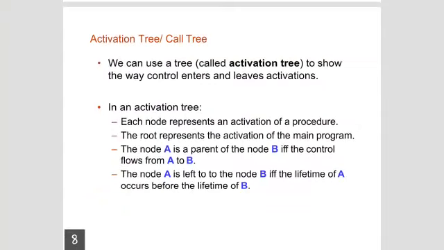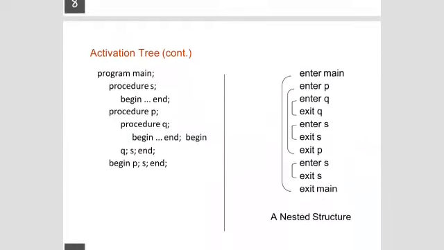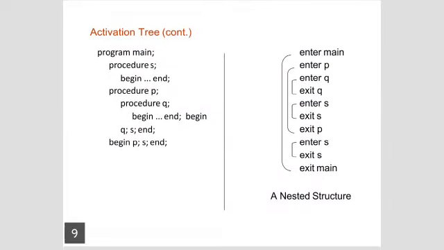Okay, let's start with an example. Suppose we have a program main with procedures, begin and end. We enter into the main program, then enter into P, then exit from P, and in that another nested structure is there.